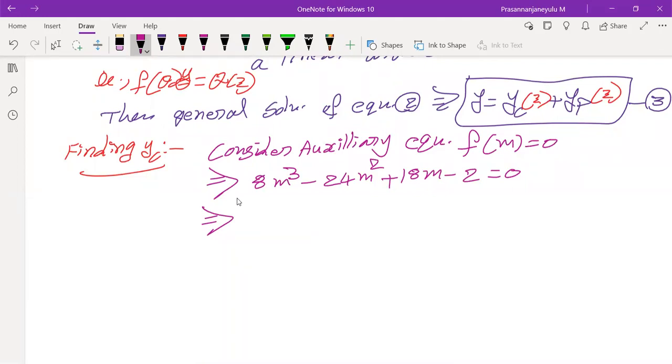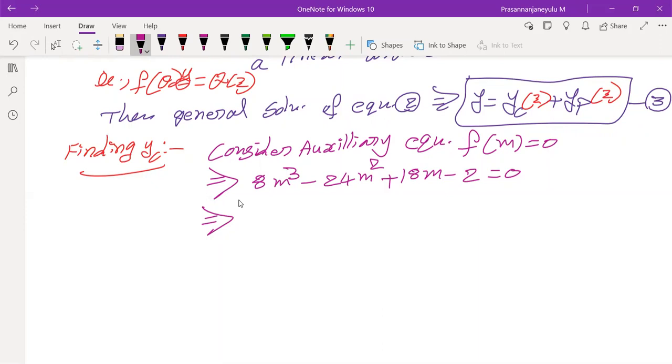Take the polynomial. What is the order of the polynomial? 3. What is the coefficient of m cube? It is 8. Next, the m square coefficient is minus 24. Then the m coefficient is 18. And what is the constant term? Don't say it is 2, it is minus 2.